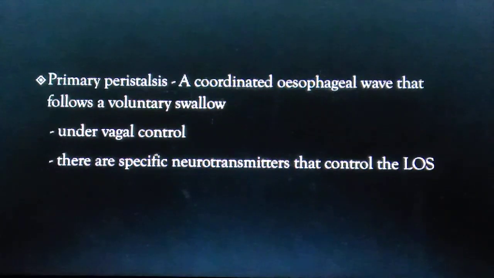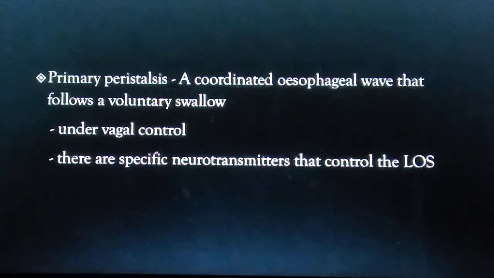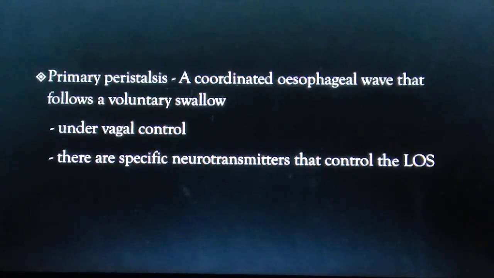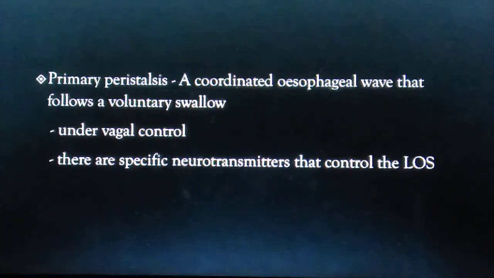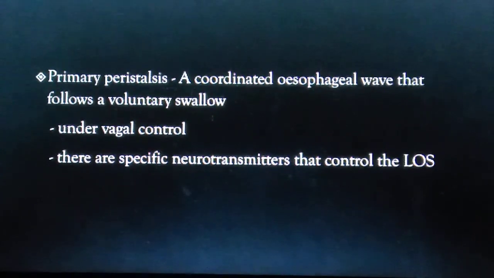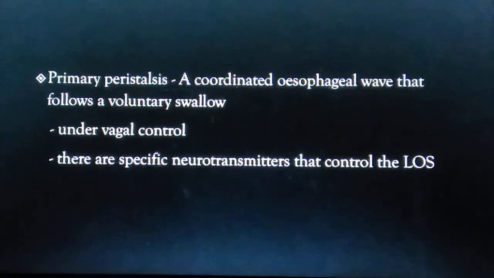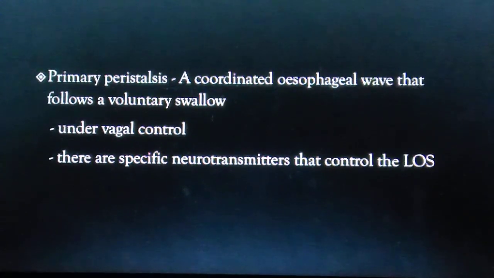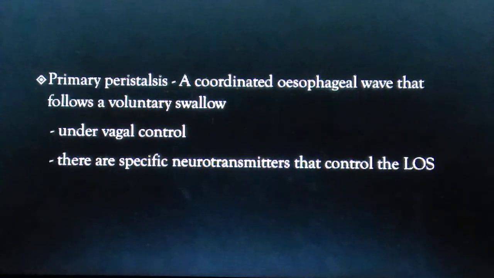This is under vagal control, and there are very specific neurotransmitters that control the function of the lower esophageal sphincter. So the important word in primary peristalsis is that it always originates after the act of voluntary swallow.